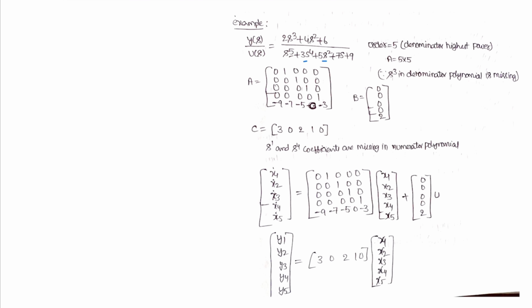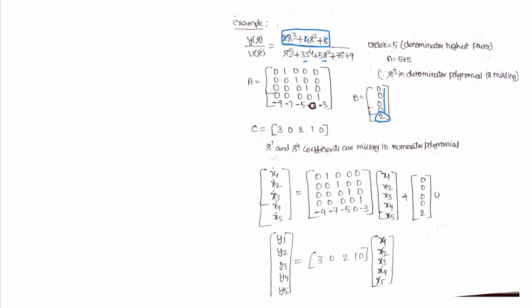And for the B matrix, take the common element in the numerator. The common element here is 2, so all remaining elements are 0 and the last row is 2. And for the C matrix, that is the output matrix, take the coefficients of the numerator starting from lowest power to highest power.